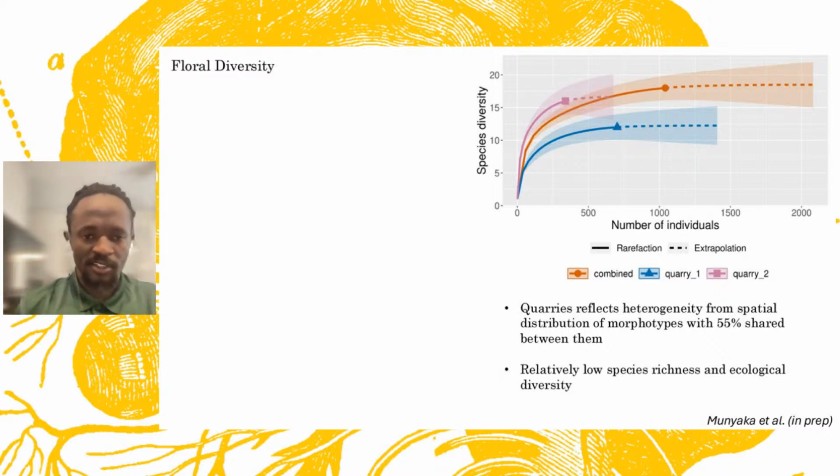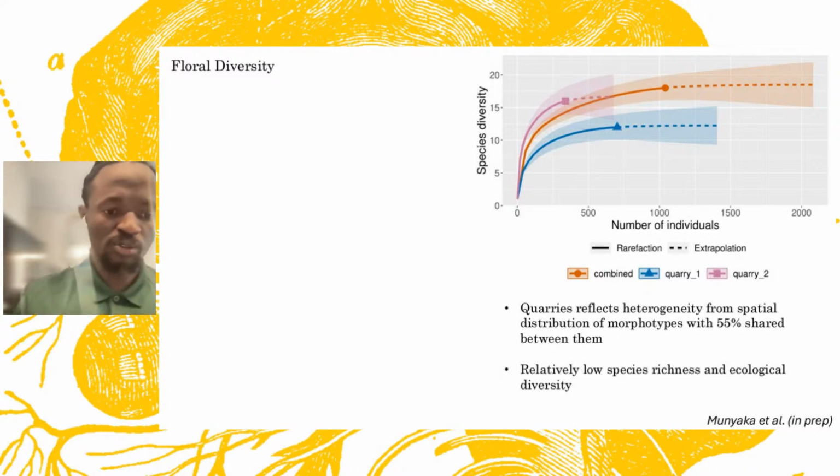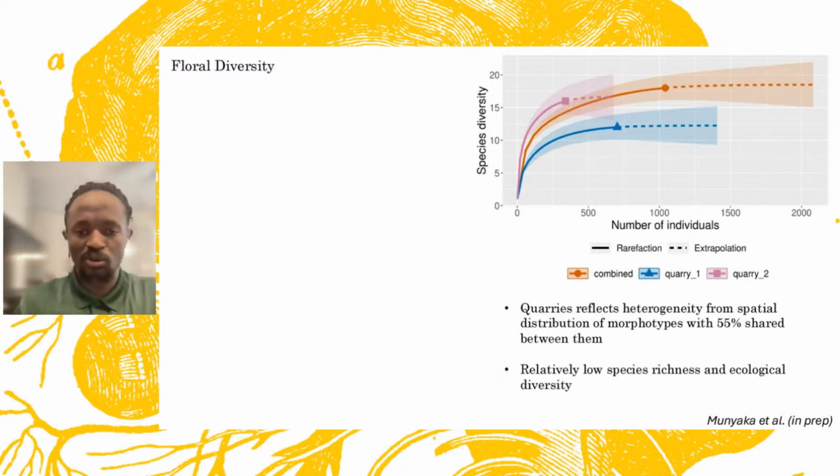So the first thing, as any paleontologist will do, is first understand how effective they were able to sample their site. So remember when I talked about quarry 1 and quarry 2, these two 5-meter spaced quarries at sublocality A, and it reflects heterogeneity.